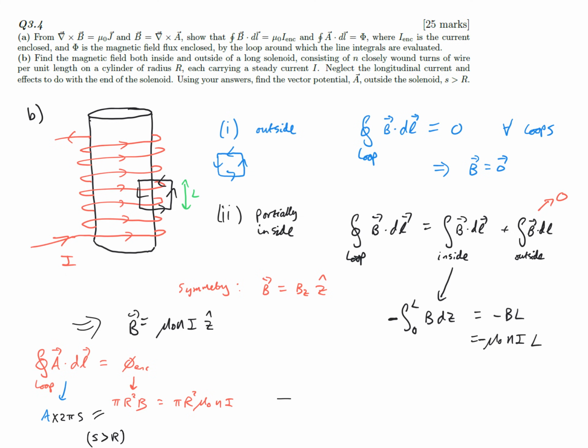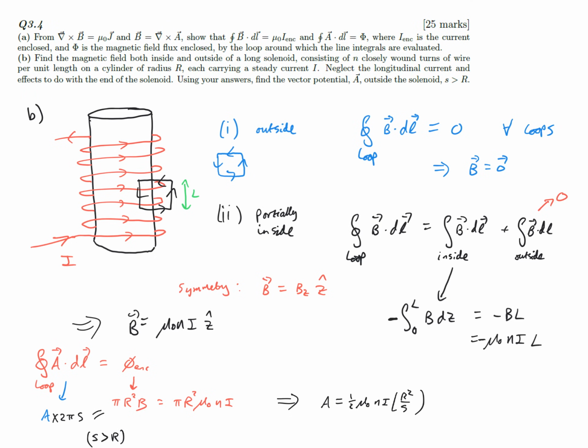And so just tidying this up a little bit, we can extract the magnitude of the vector potential as 1/2 mu naught n I, and then it's going to be R squared over s.